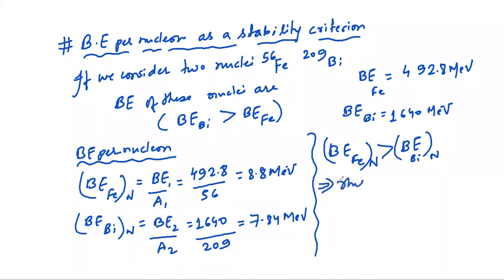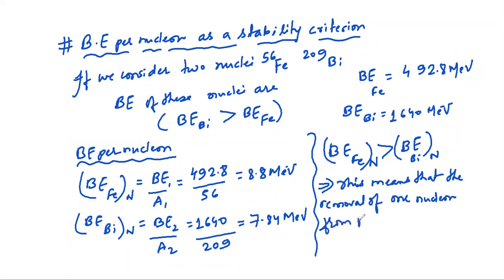So this means that the removal of one nucleon from Fe is much more difficult, or requires more energy, right?